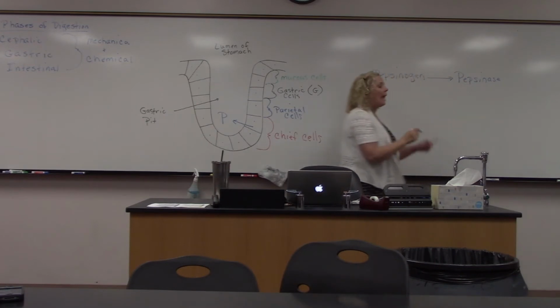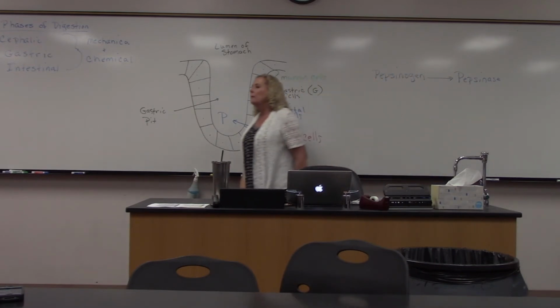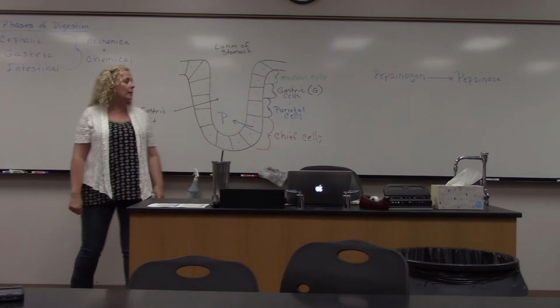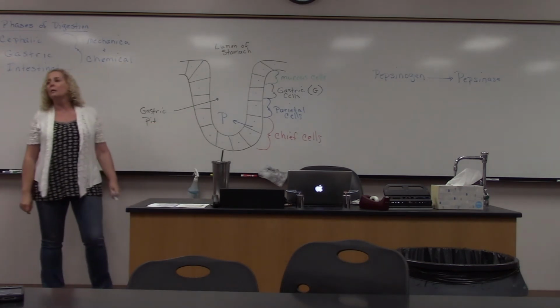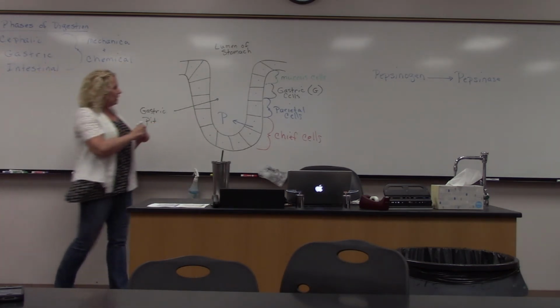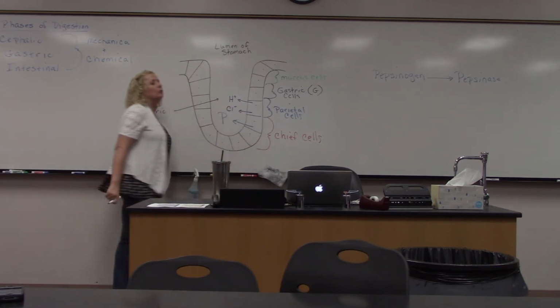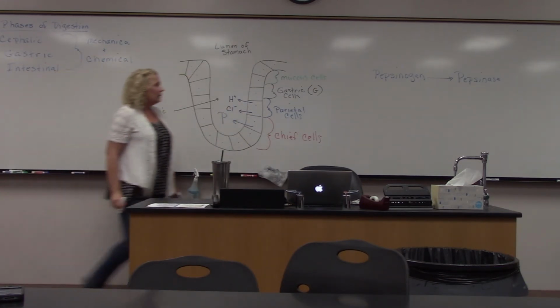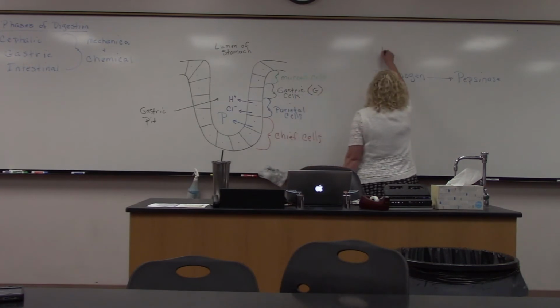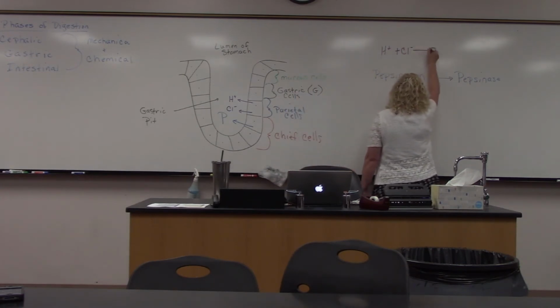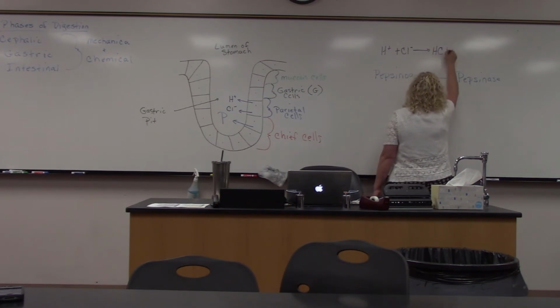Now, the way we're going to activate this enzyme from pepsinogen into pepsinase is by something the parietal cells secrete. The parietal cells will secrete two different ions into the gastric pit. These are hydrogen ions and chloride ions. The hydrogen ions will mix with the chloride ions to produce what is called hydrochloric acid.